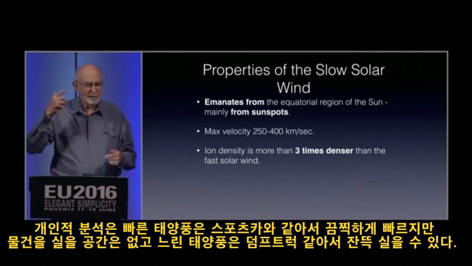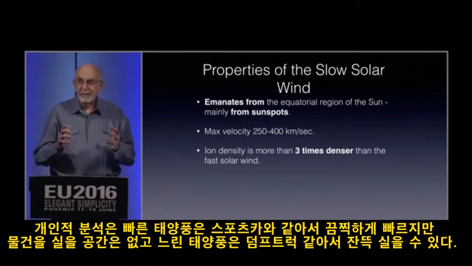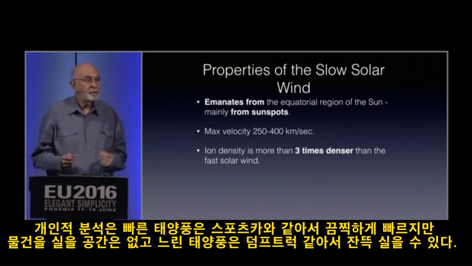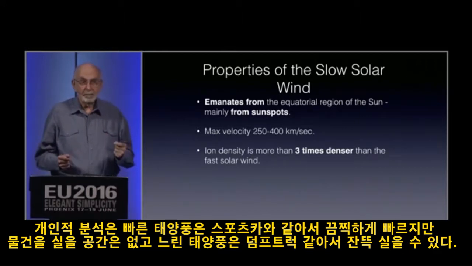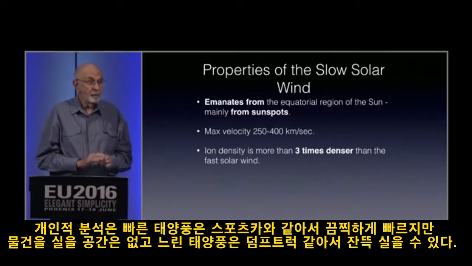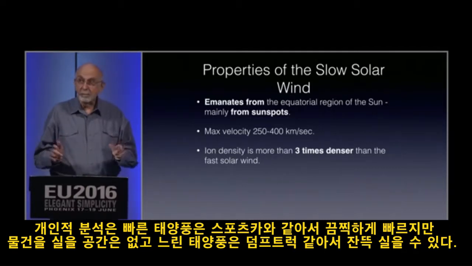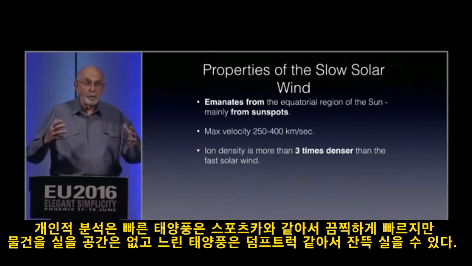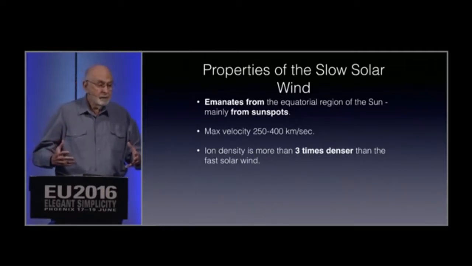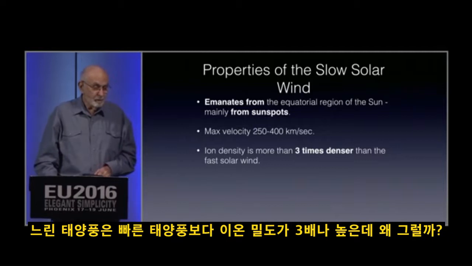My memory crutch on this is that the fast solar wind is like a sports car. It goes like hell, but it doesn't have much space for the groceries. The slow solar wind is like a dump truck. It goes slowly, but boy, can it carry stuff. So the ion density is more than 3 times denser than the fast solar wind.